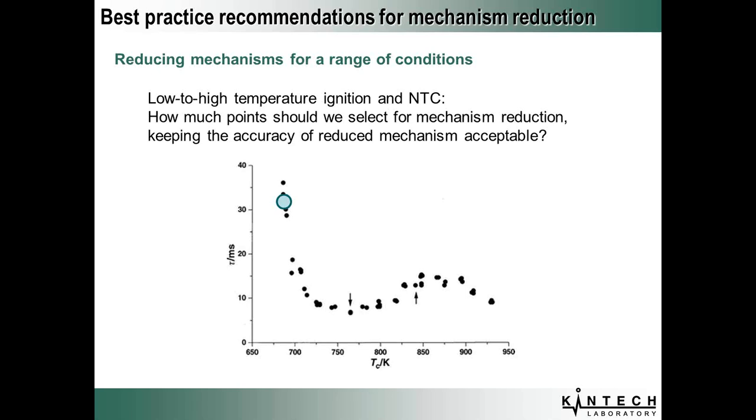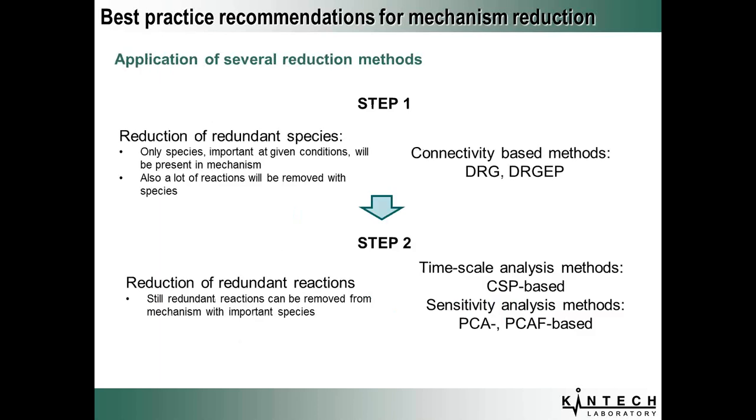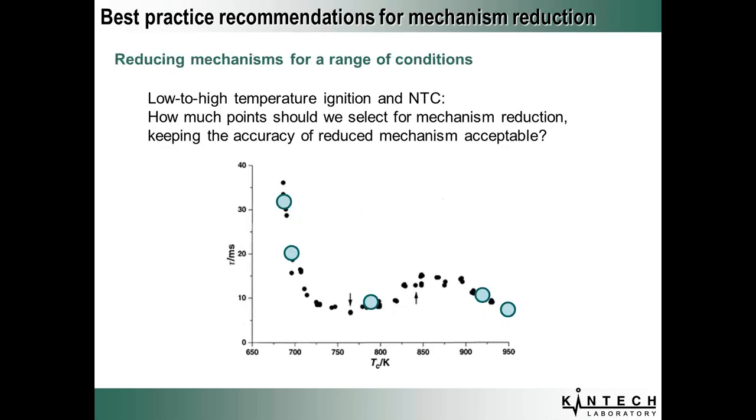So maybe 1 point, or maybe several points. How much? A very good example here is generation of the reduced mechanism which reproduces the negative temperature coefficient in low to high temperature autoignition of hydrocarbons.